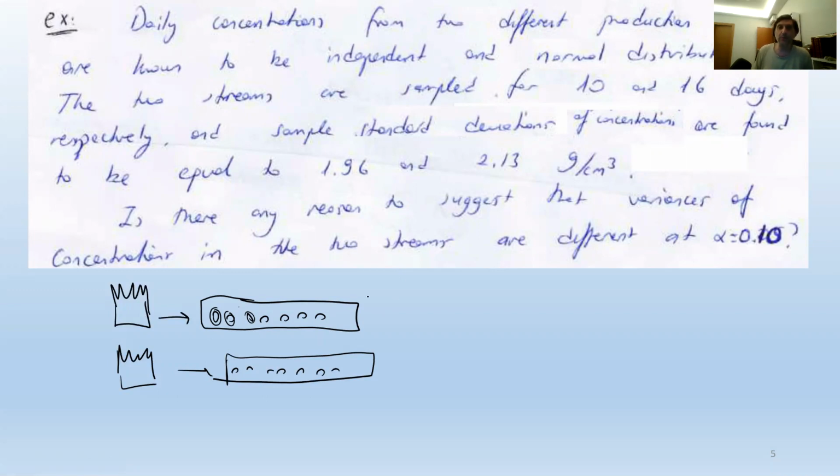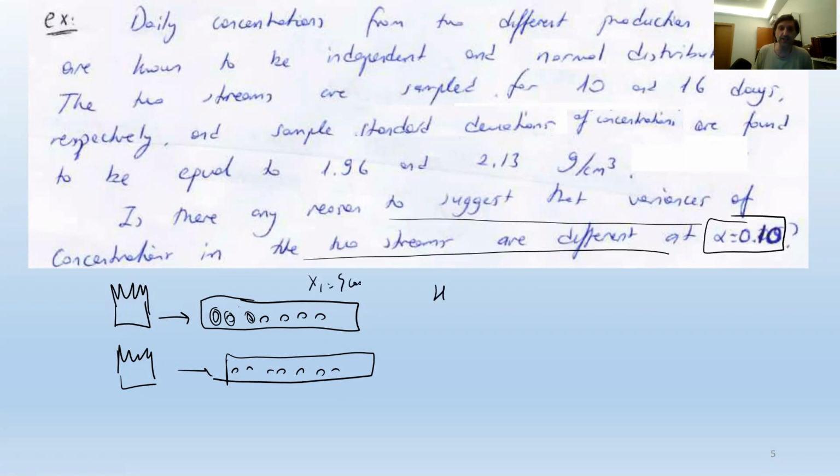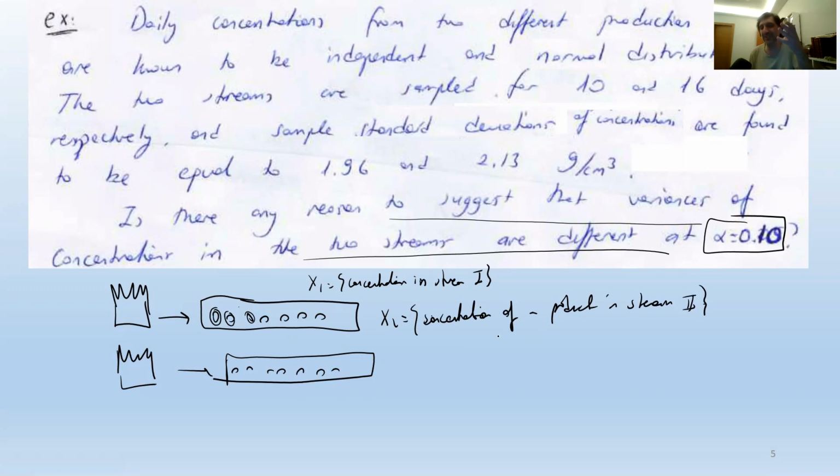So what we would like to check is whether the variances of concentrations in the two streams are different at a 0.10 significance level. So let's define it properly: X1 is the concentration of a product in stream 1, and X2 is the concentration of a product in stream 2. If you'd like to write it longer, concentration of a substance in a product in stream 2, but I think you got the idea.